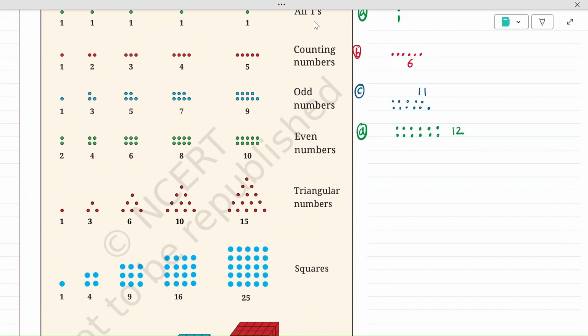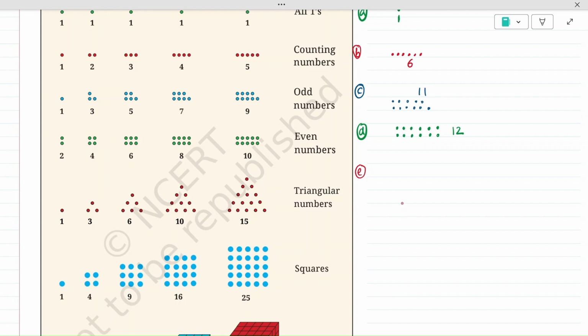Next we have the triangular numbers. So this is 1 plus 2 is 3, 3 plus 3 is 6, 6 plus 4 is 10, 10 plus 5 is 15, 15 plus 6 is 21. So next will be 21.